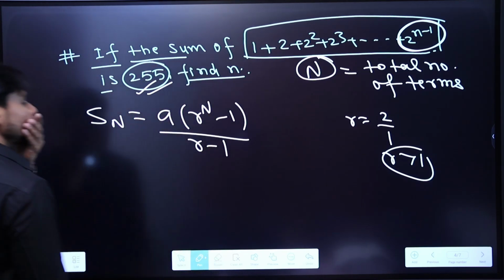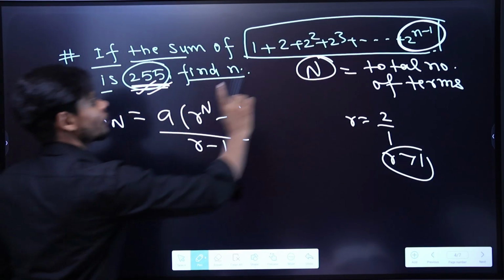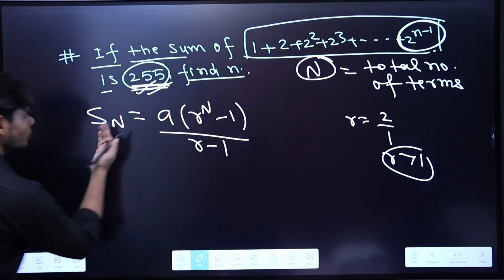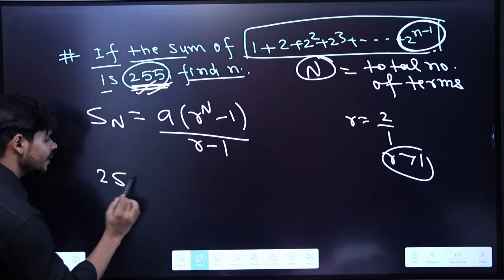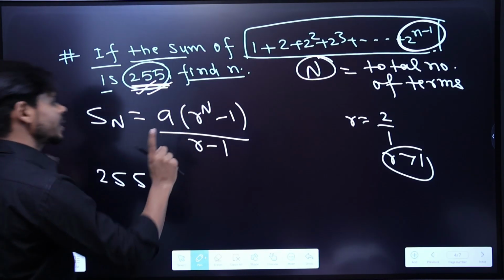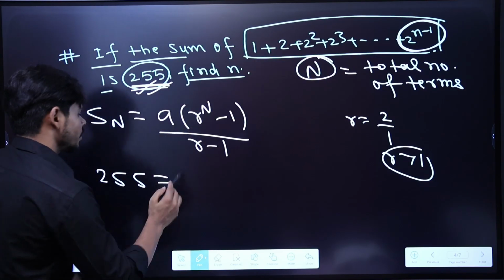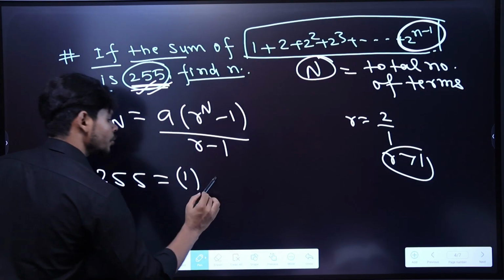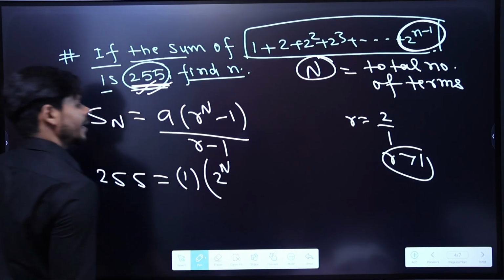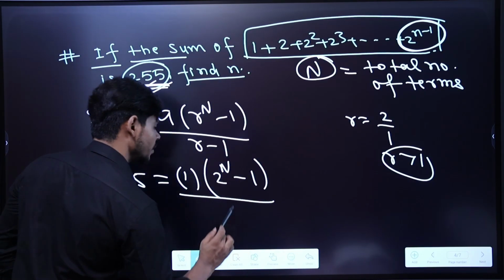Next, we are given the summation of all the terms. It means I can say that 255 must be equal to these terms, where A is your first term, which is 1, R is 2, so 2 raised to power capital N minus 1, and the whole divided by 2 minus 1, which is 1.